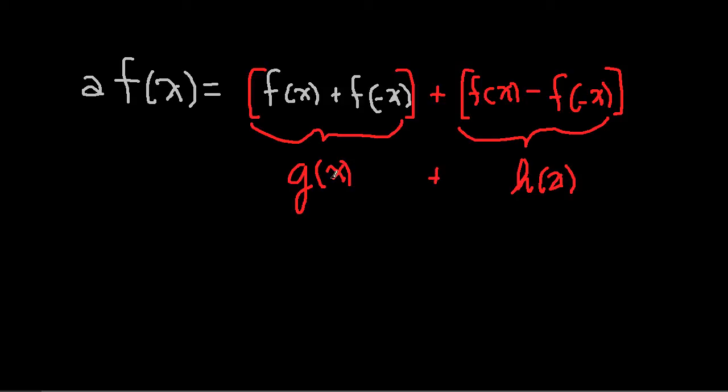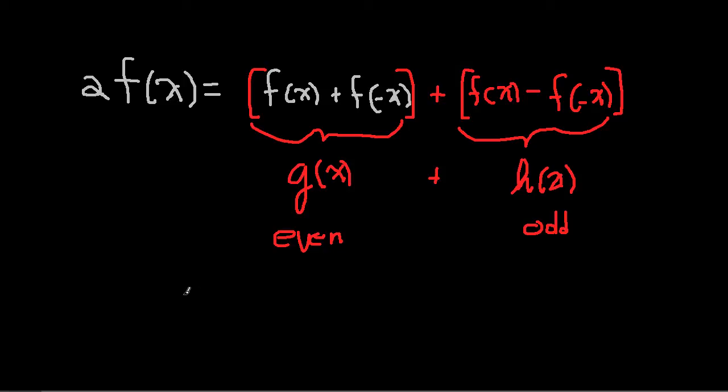So we said that g of x is even and h of x was odd. And this is just 2 times f of x here. Remember, this is a 2 times f of x.